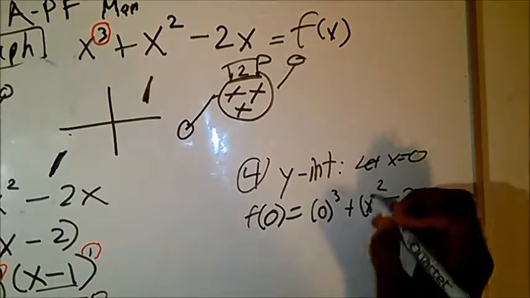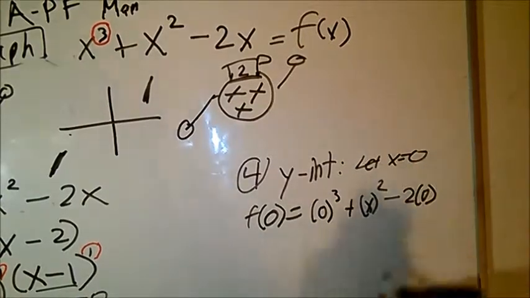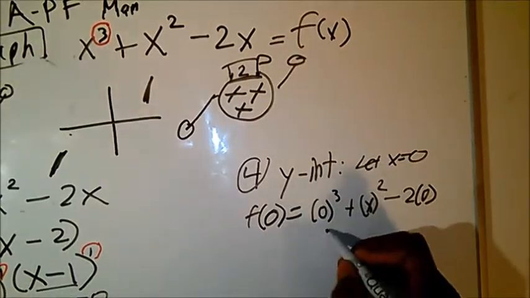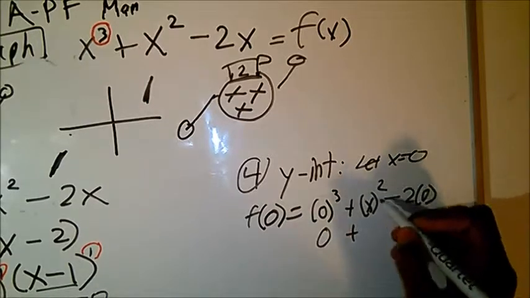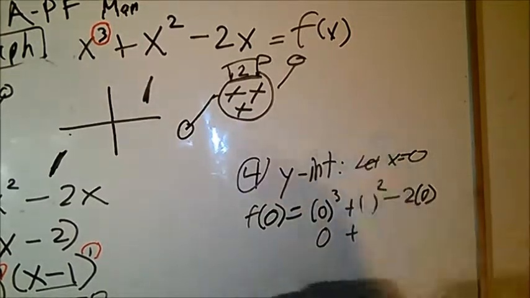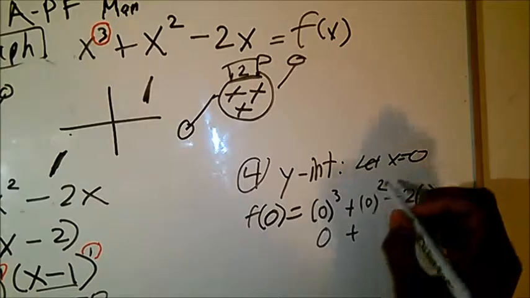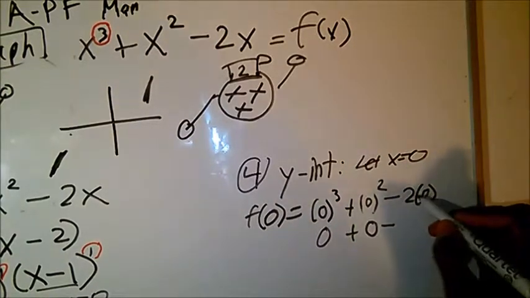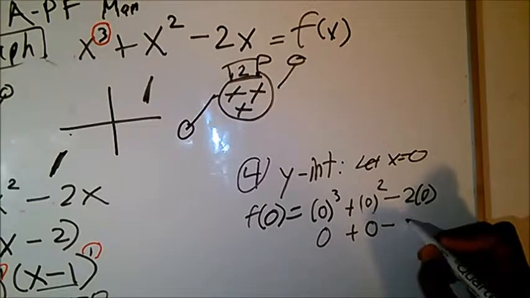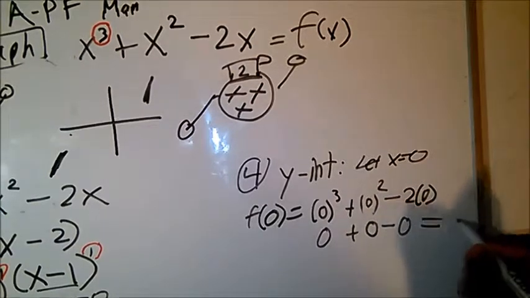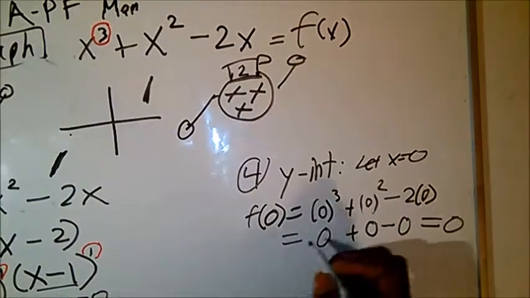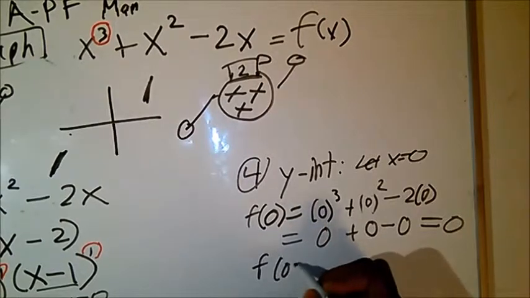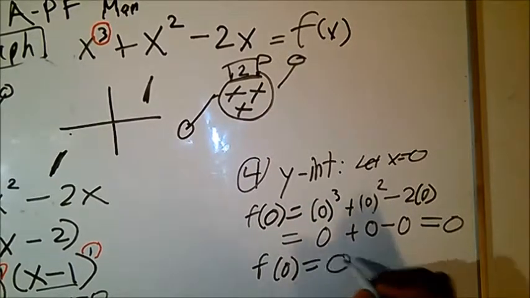Okay. 0 cubed is 0. x, we have to change this one to 0. 0 squared is 0. Minus 2 times 0 is 0. So our function at 0 is equal to 0.